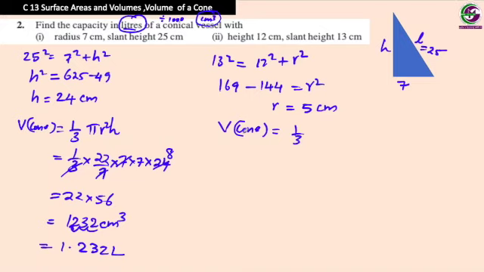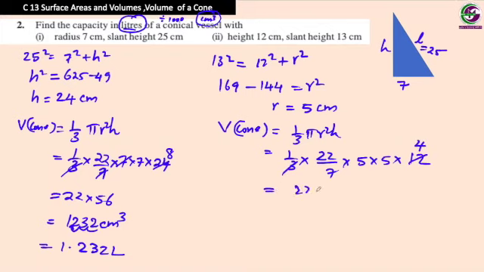Once again, the volume of a cone is 1/3 pi r square h, which is equal to 1/3 times 22/7 times 5 times 5 times the height 12. So this gets cancelled, which is equal to 22 multiplied by 100 divided by 7 centimeter cube.